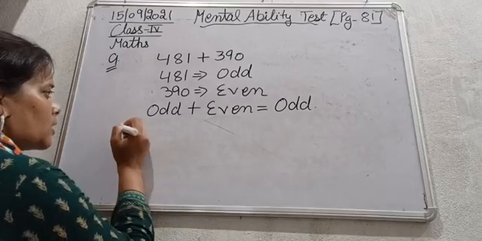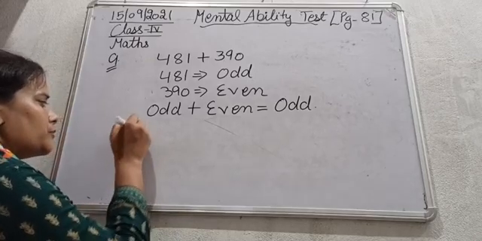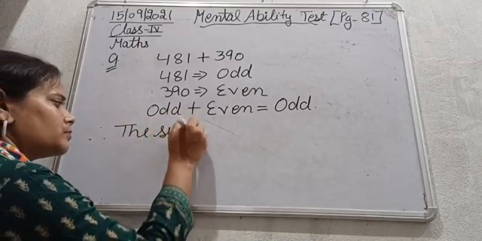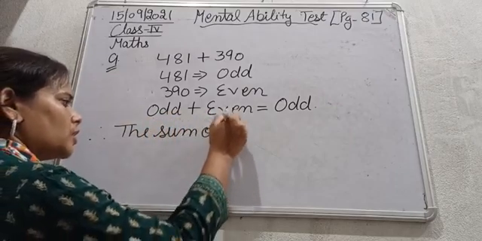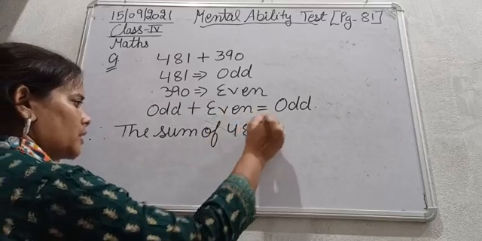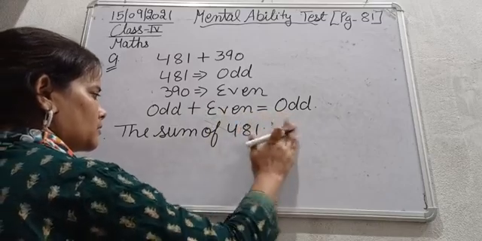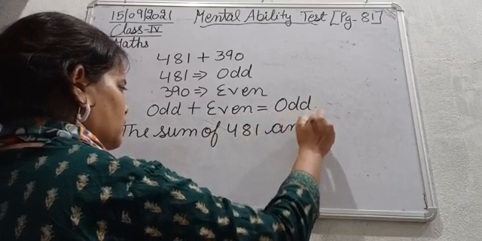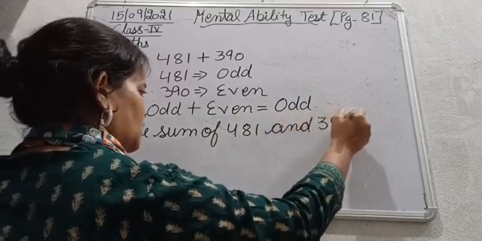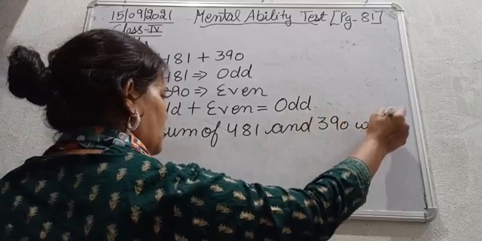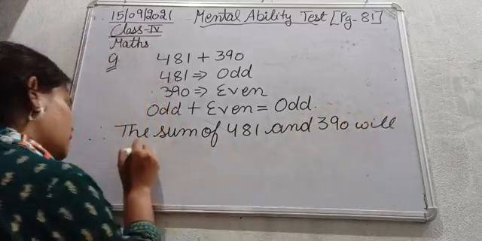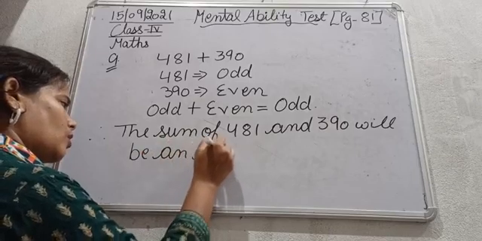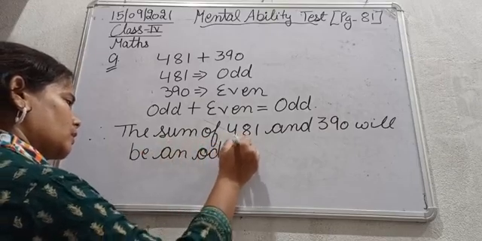Therefore the sum of 481 and 390 will be an odd number.